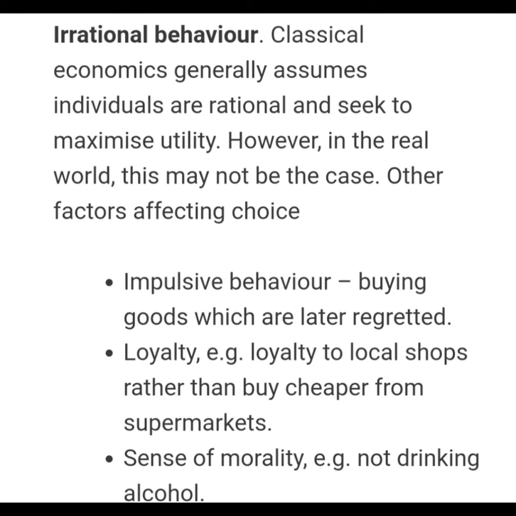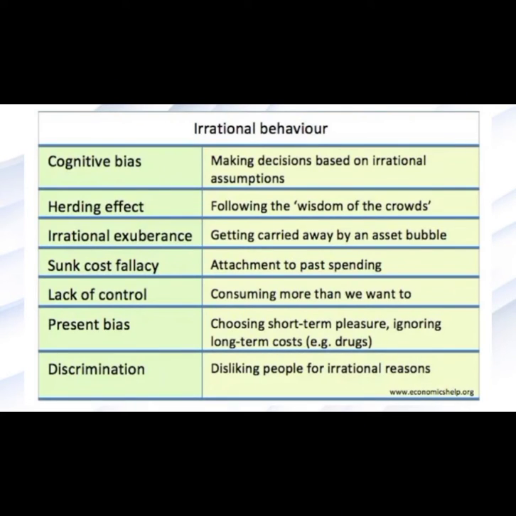Irrational behavior can lead to market failure, loss of economic welfare, and personal issues such as drug addiction and poor health. Cognitive bias occurs when we make irrational decisions but often are unaware of our own irrationality. For example, we may focus on a study that says one glass of red wine a day is good for health and then make the assumption that any quantity of alcohol can be good for us.